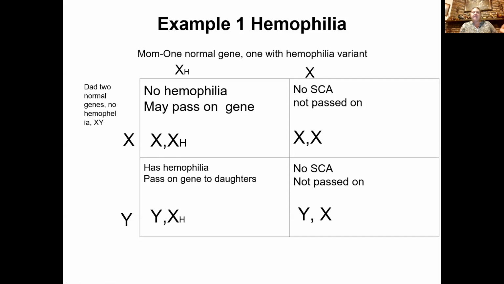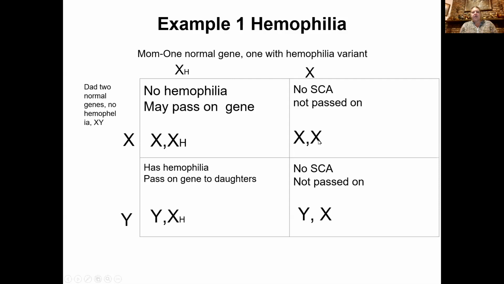The reason she does not have hemophilia is because she also has a normal X chromosome. Having two X's protects you. So if one of my X chromosomes has something funky going on, my other X chromosome can be dominant over that, and I will not express hemophilia. So that's how this works.